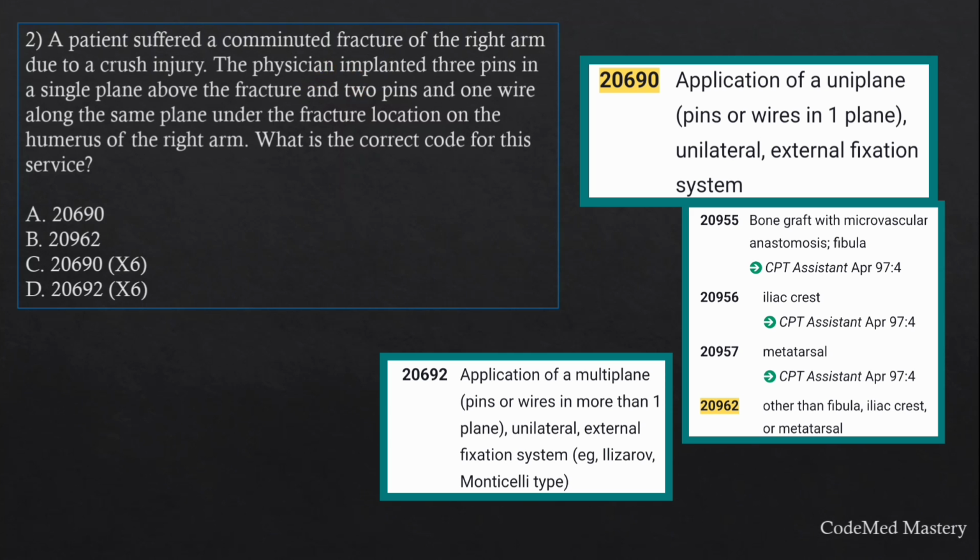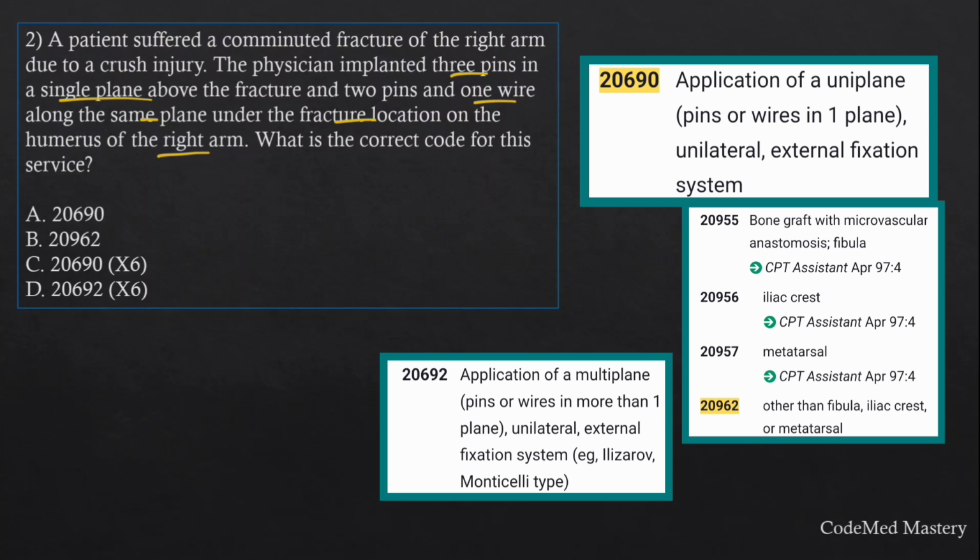In the question they have clearly mentioned the physician implanted 3 pins in a single plane above the fracture and 2 pins and 1 wire along the same plane under the fracture location on the humerus of the right arm. Therefore, we have to code for application of uniplane because they have mentioned single plane.